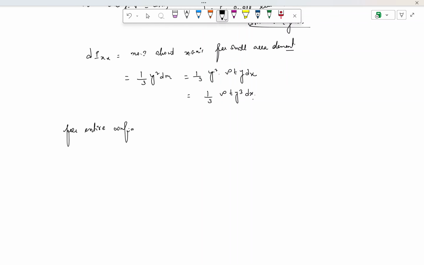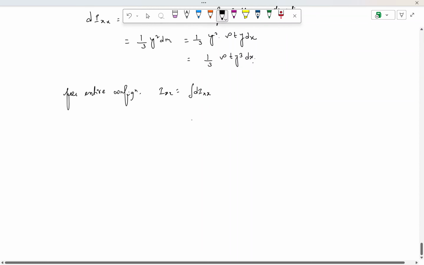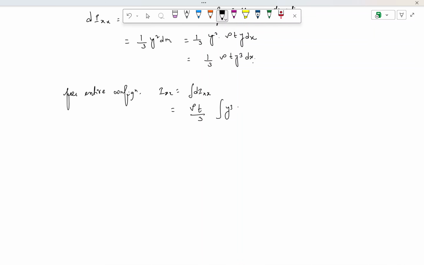So now for the entire configuration, Ixx which we want to derive is simply the integration of dIxx, which is nothing but rho t by 3 y cube dx.